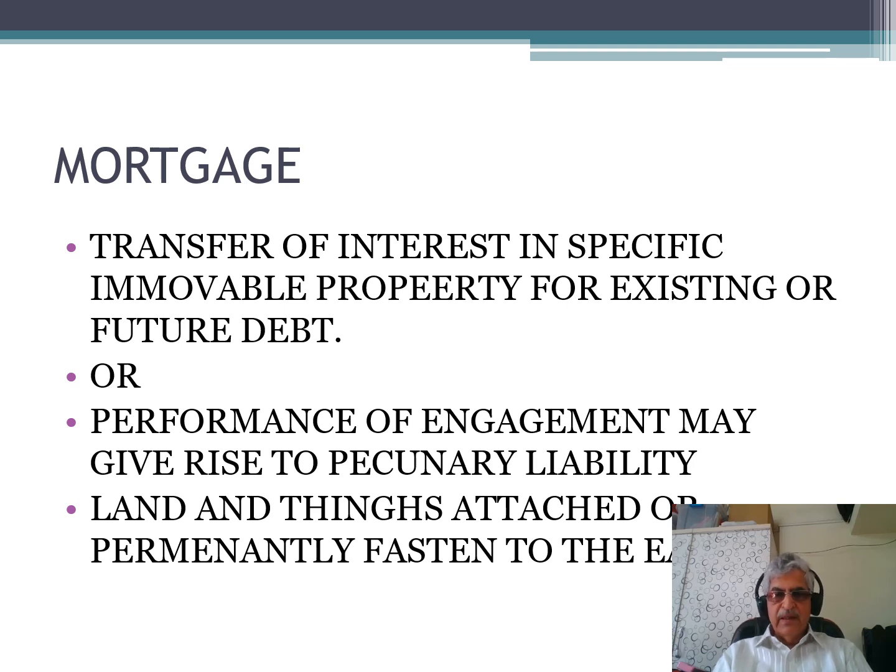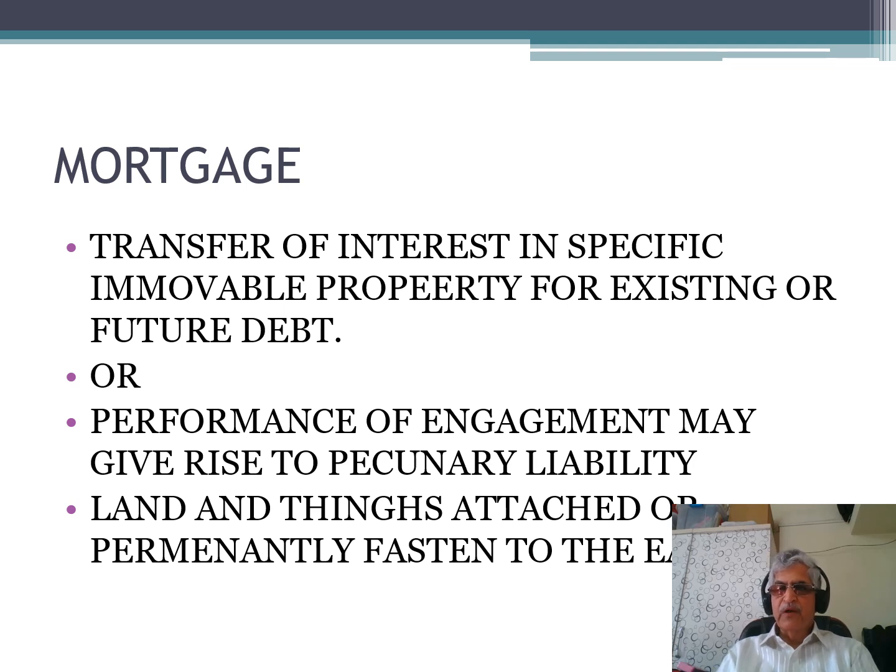But in this typical property mortgage deed or mortgage procedure, existing as well as future debt can be mortgaged. So the interest in that particular property, existing or in future, means if any liability may arise in future, that also is mortgaged.